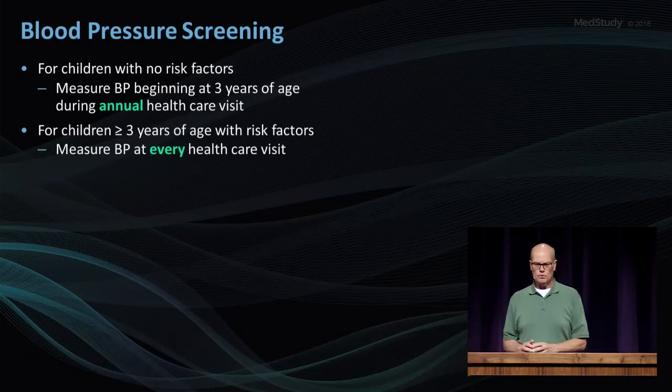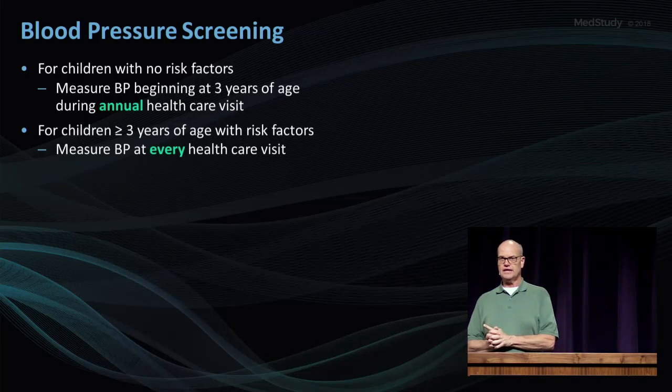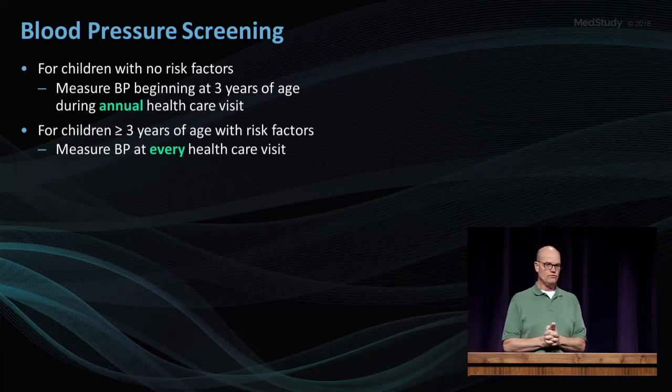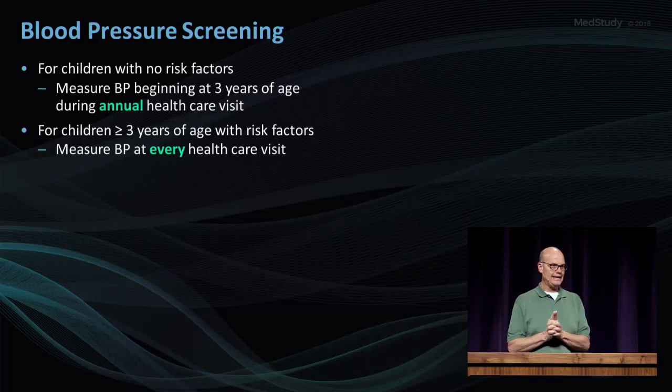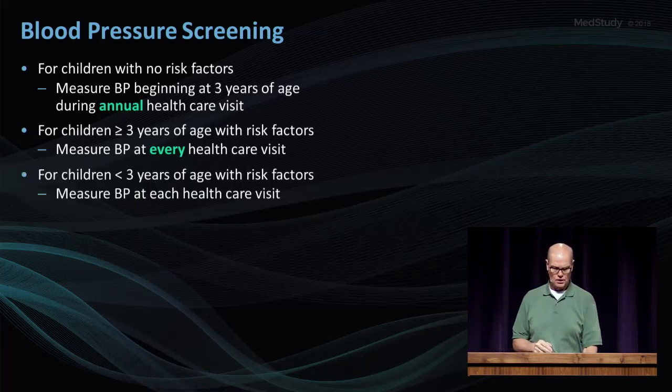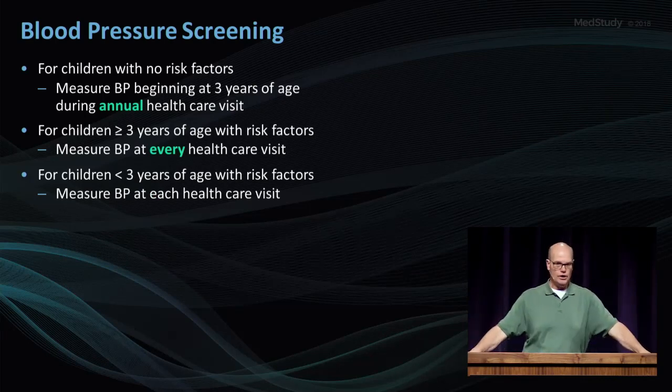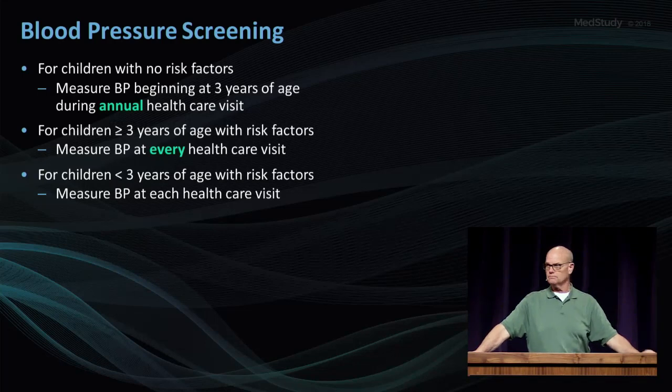For children with no risk factors, blood pressure screening is recommended beginning at 3 years of age and annually. For children who are over 3 and at risk, blood pressure should be measured at every visit, and that's an important differentiation. For children who are under 3 years of age, they too should have their blood pressure measured at every visit if they are at increased risk.